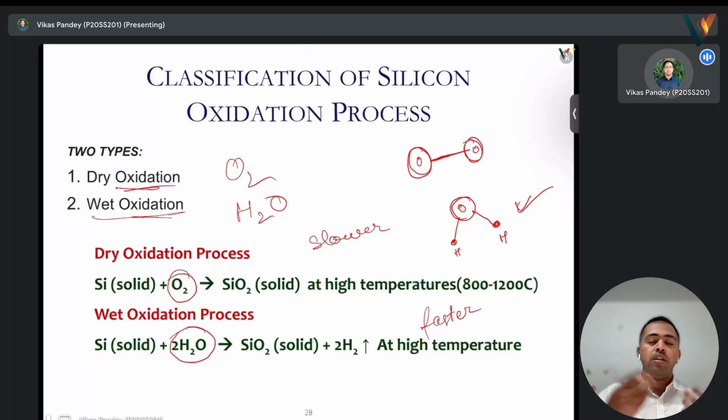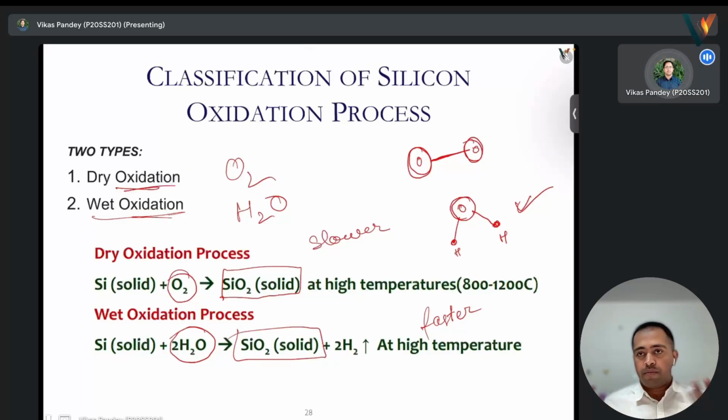So it is mostly diffusion controlled. I skipped that part and will not go very technical, as this course is not that technical in the sense of microfabrication, so we will just cover an overview of the process. Understand that this molecule is smaller in size compared to the O2 molecule, so it is easy to diffuse inside, and so the reaction is fast. But along with this, there is one very big difference: in dry oxidation, SiO2 is the only product, whereas in wet oxidation, SiO2 is the output we want.